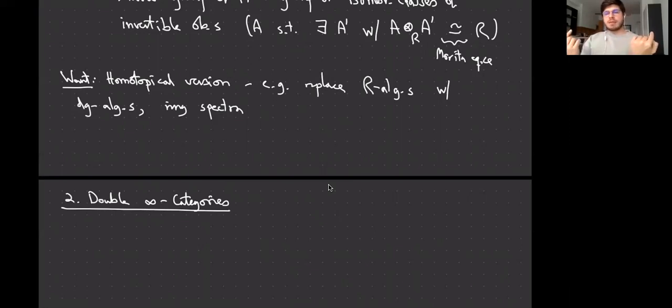You can consider this thing where you have different rings and bimodules between them, and then bimodules between the bialgebras and things like that. So that seems the most natural place to do this, because you're tensoring modules.